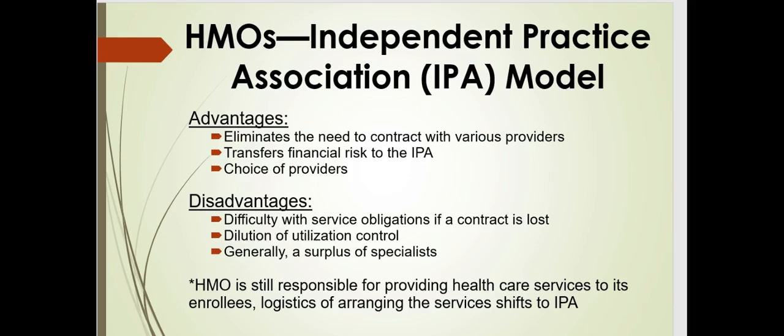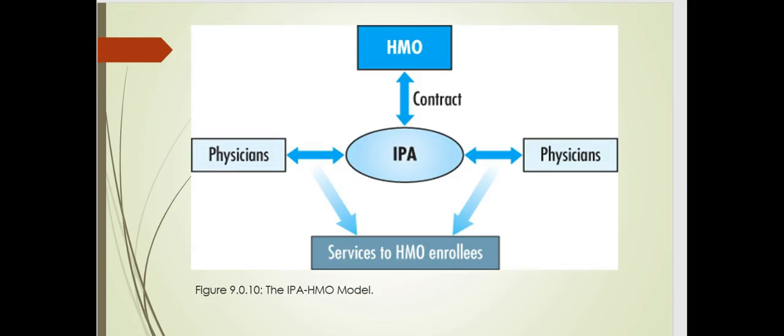So the utilization controls are diluted. And third, many IPAs contain a surplus of specialists, which creates some pressures to utilize their services. Now in the next slide, here is a little figure on how the IPA functions.